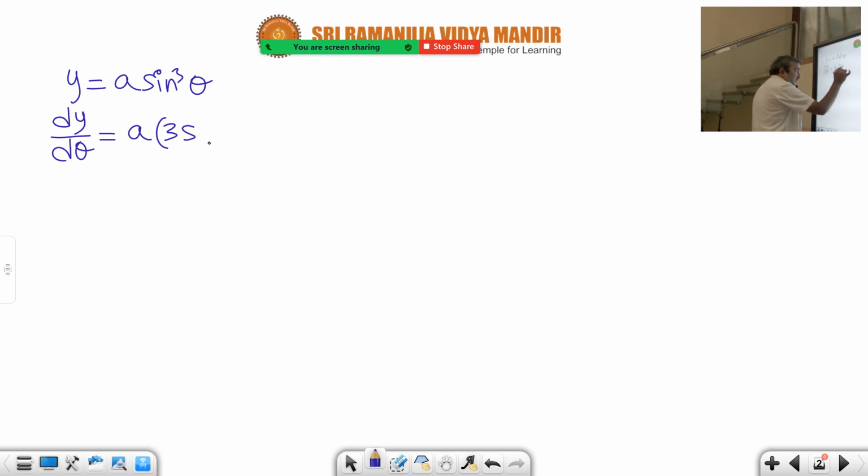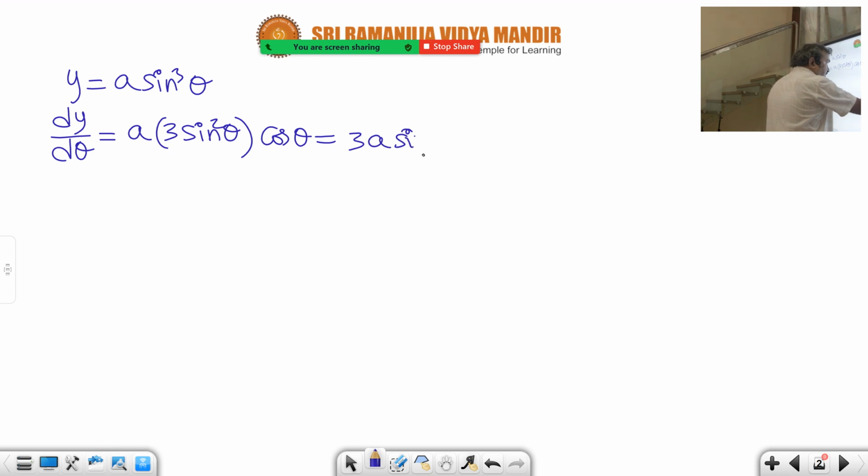So it is 3 sin square theta, and after that derivative of sin theta is cos theta. So it is 3a sin square theta cos theta.